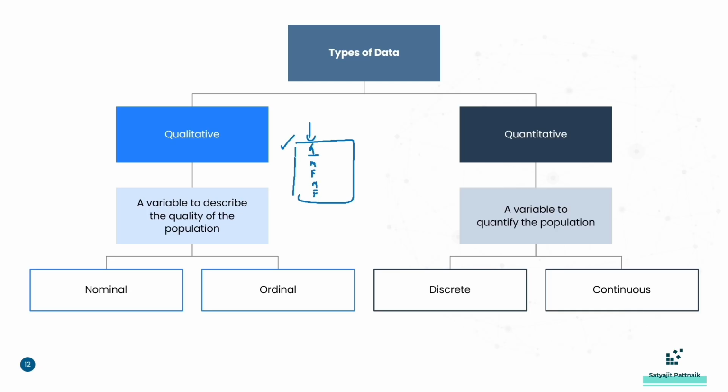This is nothing but qualitative data, a variable to describe the quality of the population. Under qualitative data, there are two major types. One is nominal and one is ordinal. Similarly, we also have quantitative data, which deals with quantity. And when it comes to quantity, we talk about numerical data, a variable to quantify the population. The two major types are discrete and continuous.